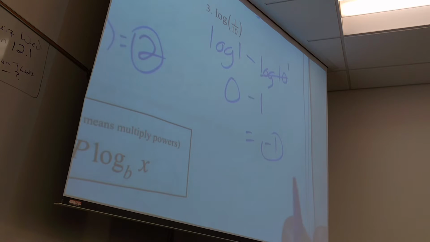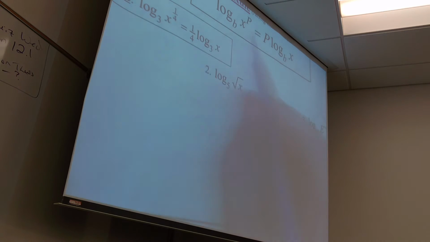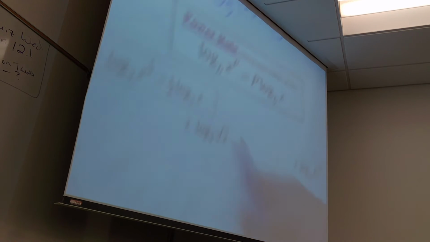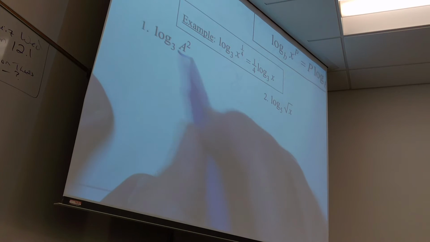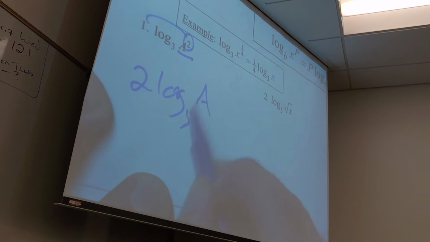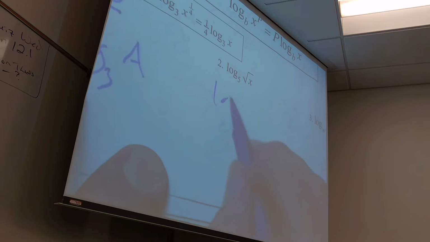I know it's almost 2, but technically it's still early, because we're supposed to go to 2:15. So this is the easiest rule, once you get used to it. So what happens here? The inside has a second power, so the 2 comes down. What's the problem with this one? It's a radical. It's written in a dumb form, so let me write it in a better form.